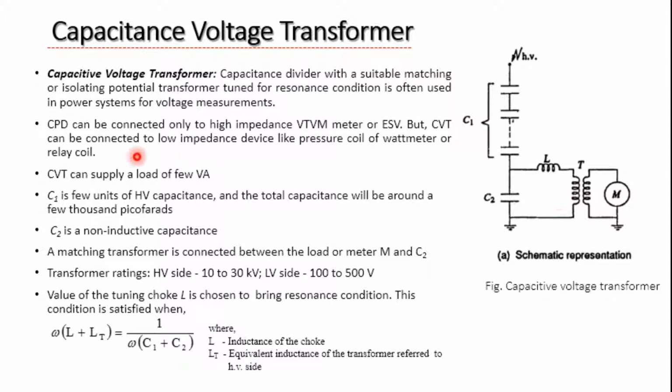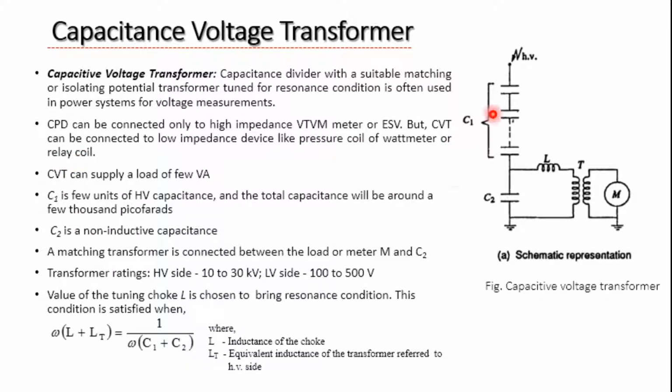A CPD, that is capacitance potential divider, can be connected only to a high impedance VTVM meter or electrostatic voltmeter, but a CVT can be connected to low impedance loads like a pressure coil, wattmeter or relay coil.